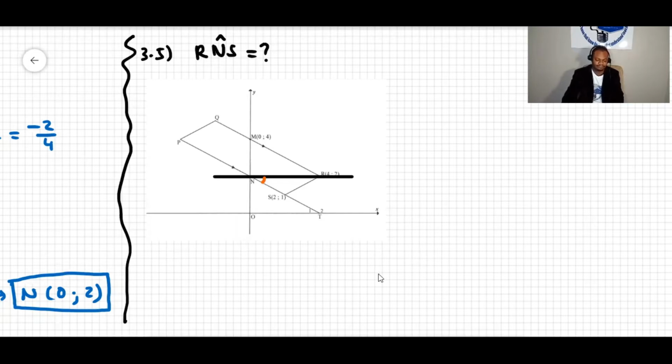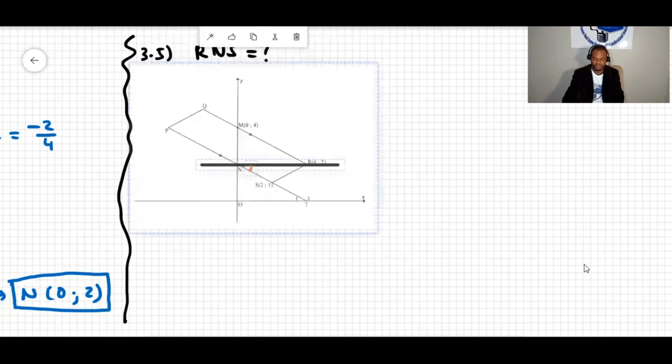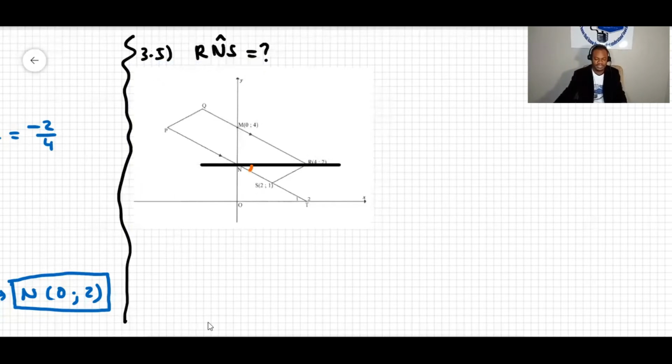First, we know the gradient of the line that passes through RS, or even RT. We found it in the previous question. We did find that the gradient of PT is equal to -1/2, if you remember the previous video.